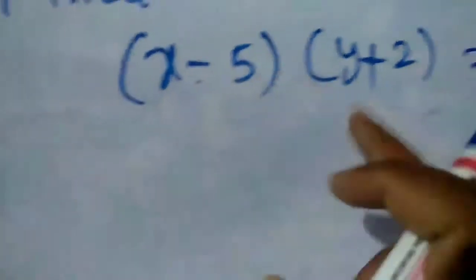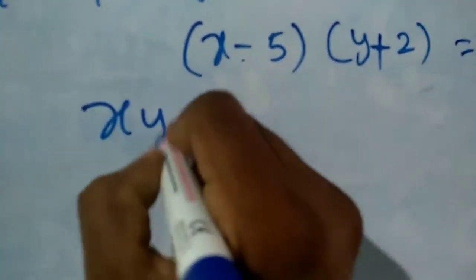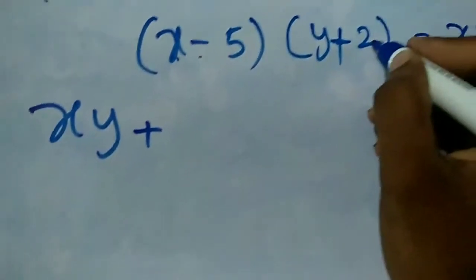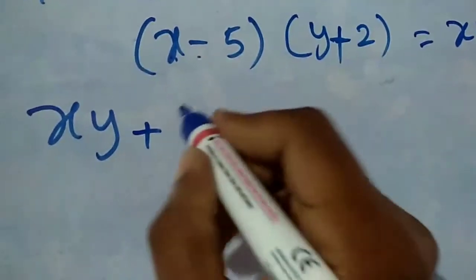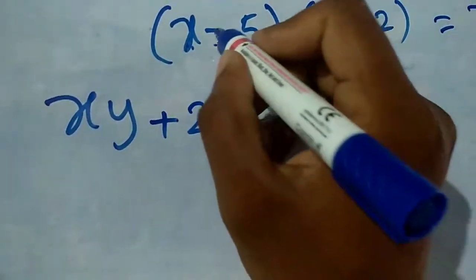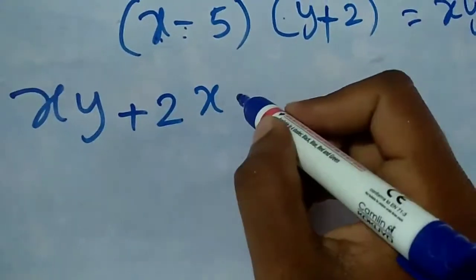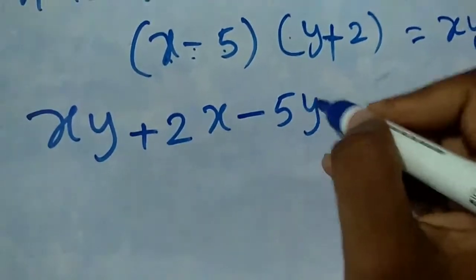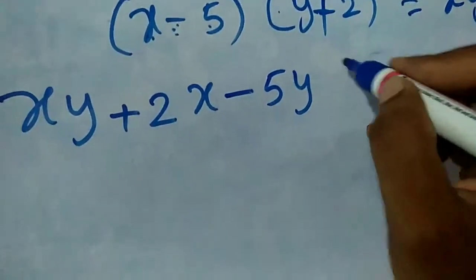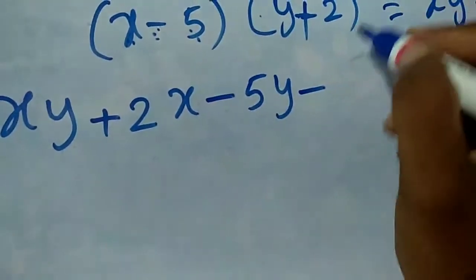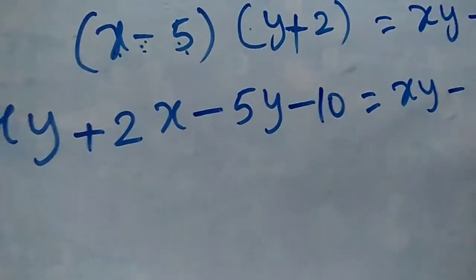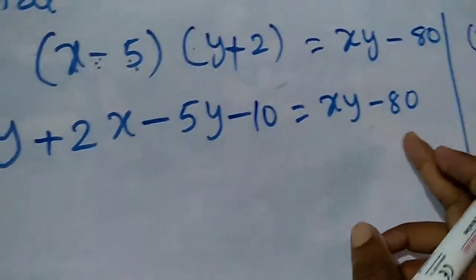So x into y, xy, plus into plus, plus x into 2. X into 2 is 2x. Minus into plus, minus 5 into y, 5y. Minus into plus, minus 5 into 2 is 10, equal to xy minus 80.